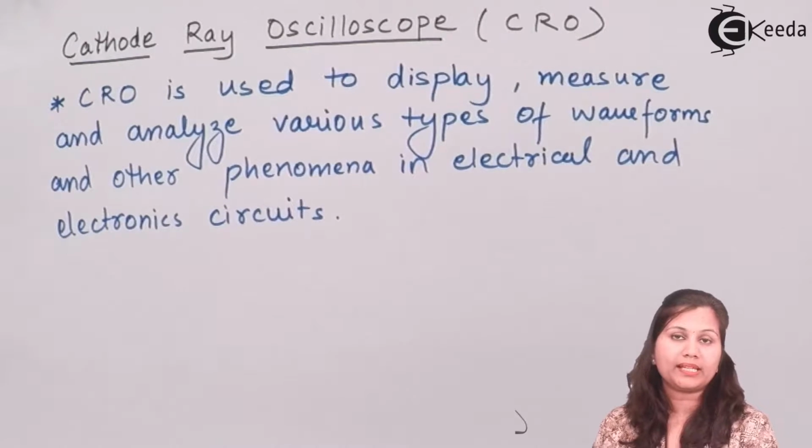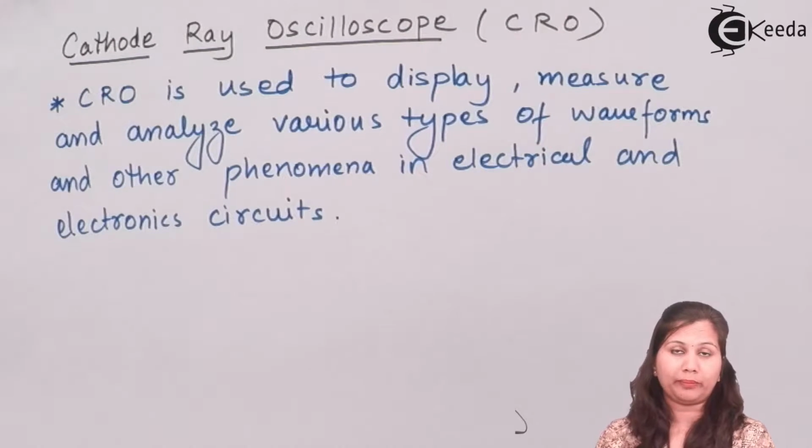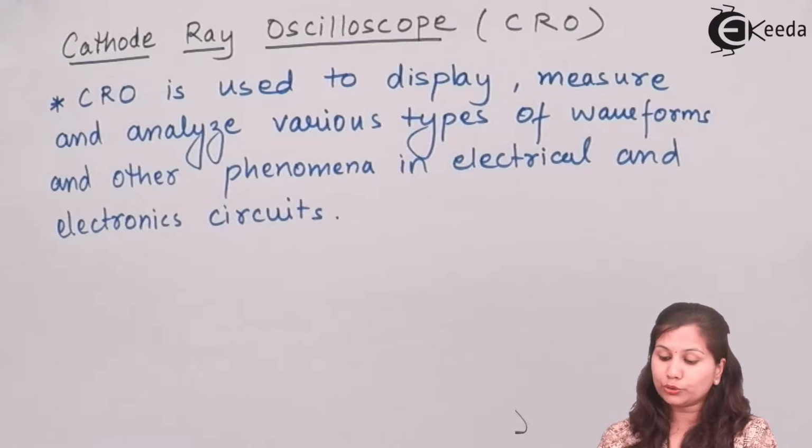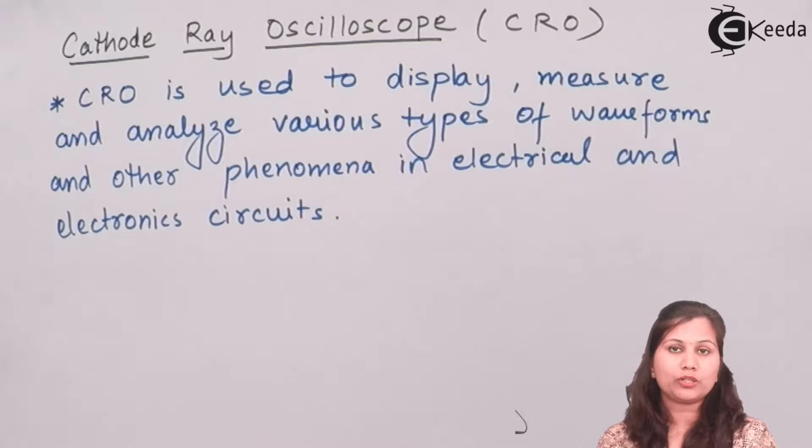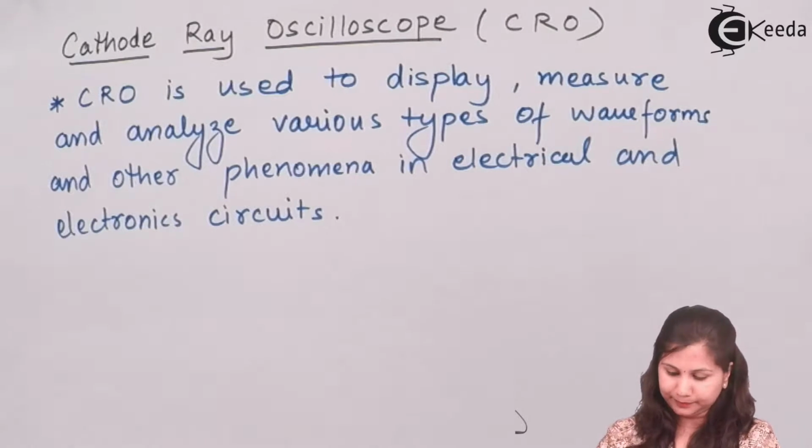The CRO is a test instrument which allows an individual to plot a signal on an XY plot. On the X-axis we will have the time and on the Y-axis we will have the input signal. It allows an individual to plot the signal with respect to time or with respect to another signal.